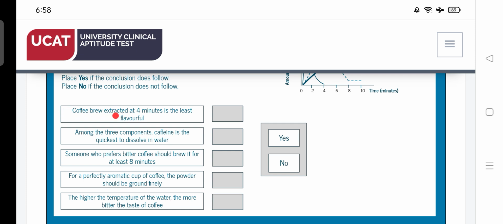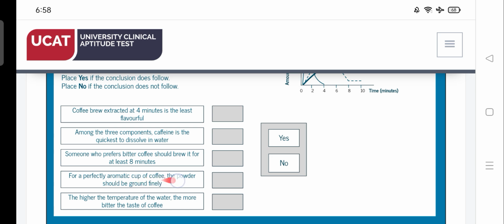Coffee brew extracted at 4 minutes is the least flavorful. Among the three components, caffeine is the quickest to dissolve in water. Someone who prefers bitter coffee should brew it for at least 8 minutes.